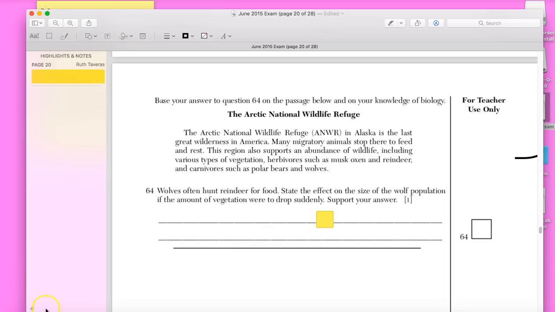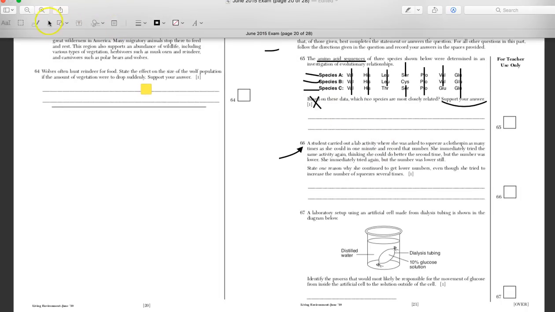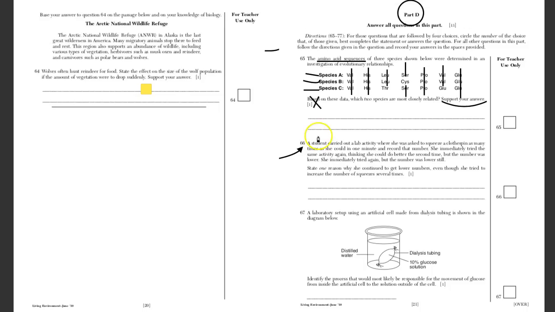I'm going to give you some time to think. If you remember, this experiment was about muscle fatigue. So, what happens when you work out a muscle over and over again?